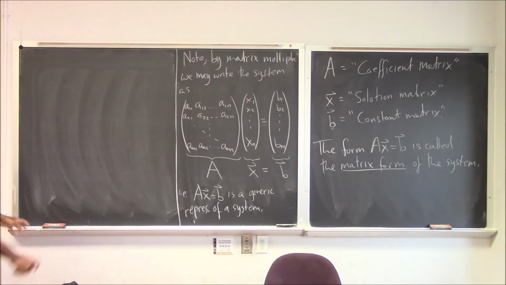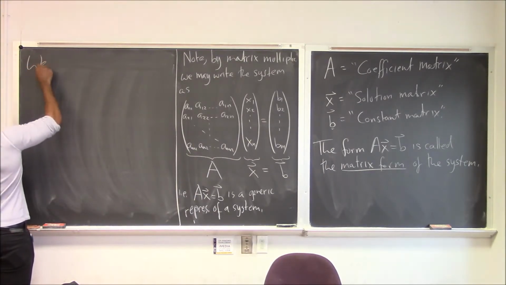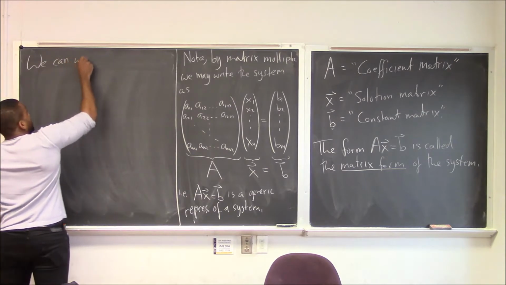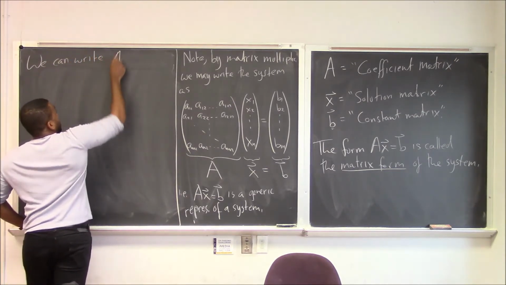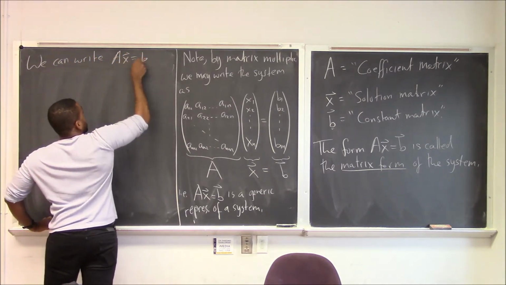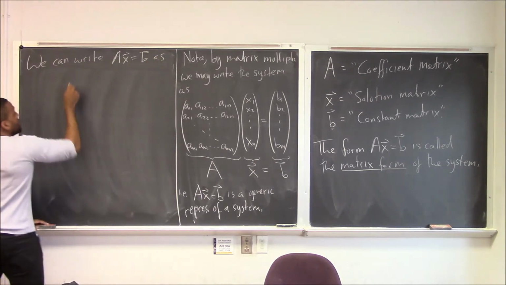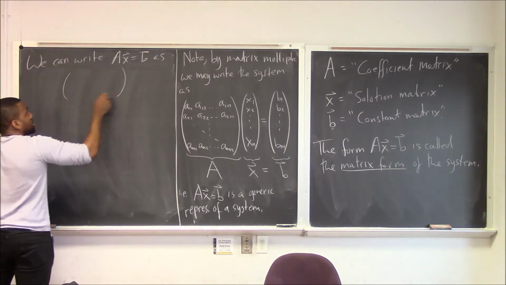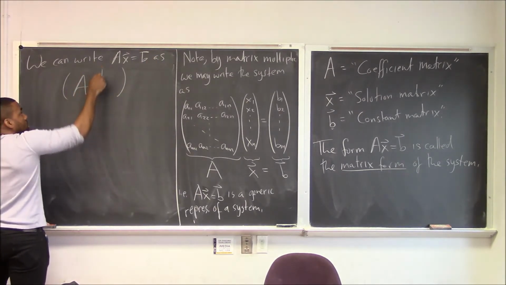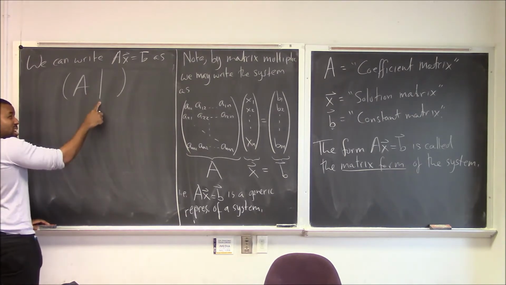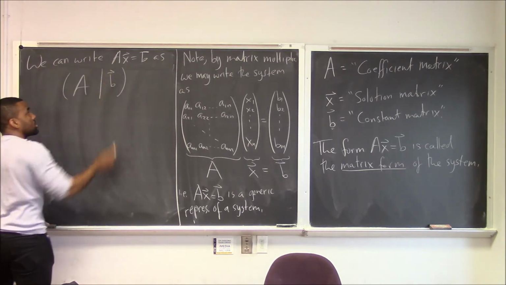And so we can get another form. We can write AX equals B as just one big matrix where I put the A values here and I write a bar and put the B values here.